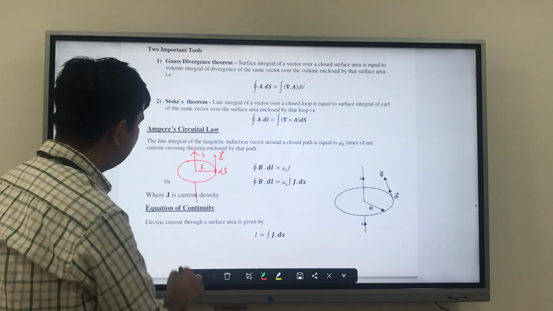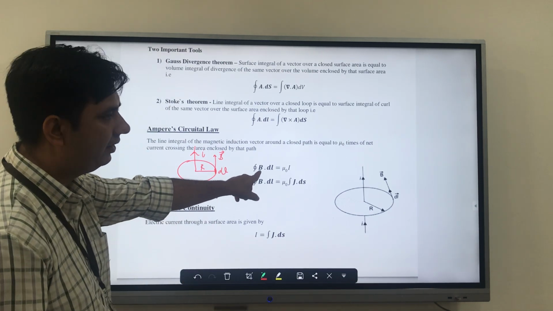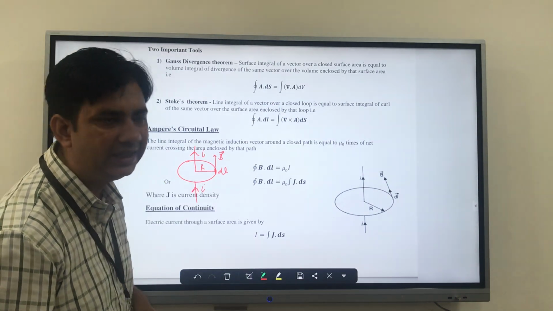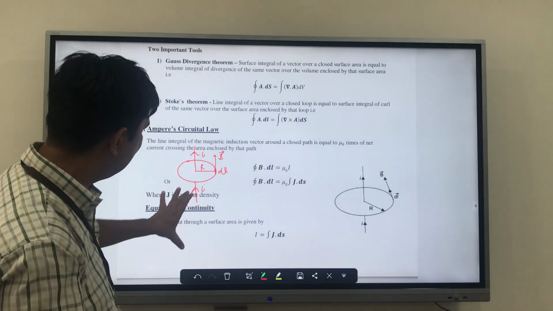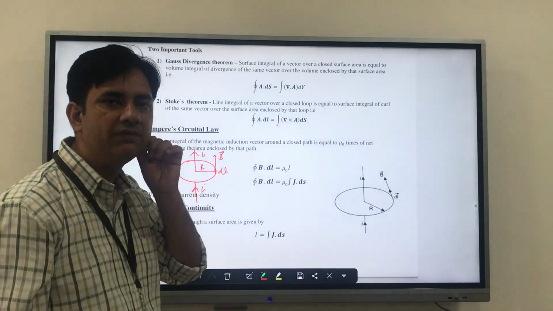Then I can say that the closed integral of B dot dl, where B is the magnetic field and dl is the length element of this wire, is equal to mu times the current.